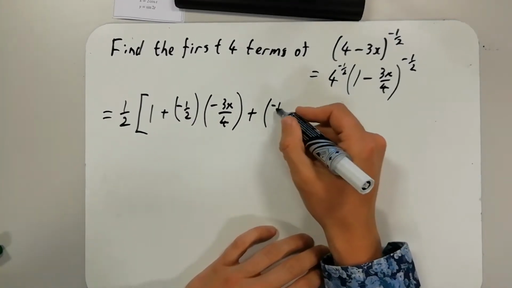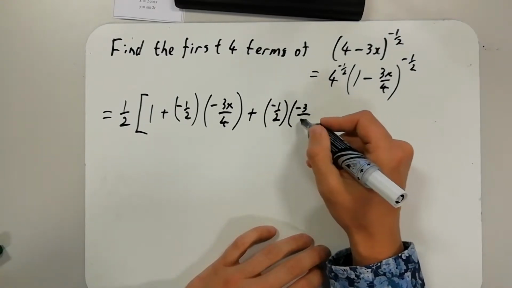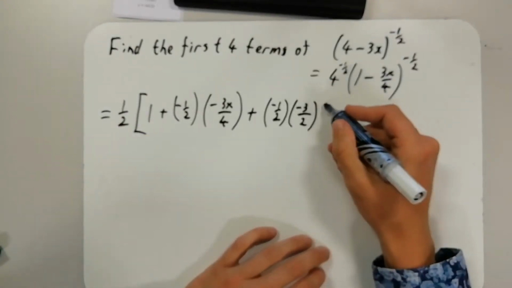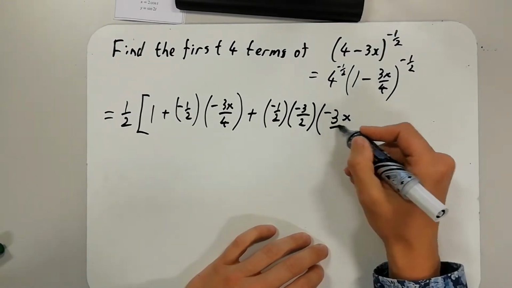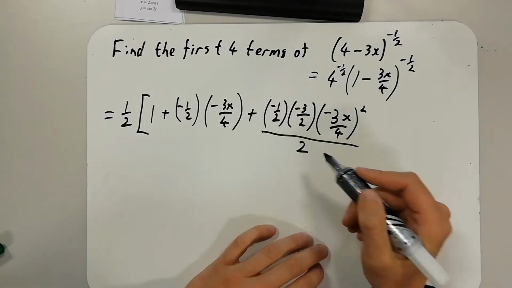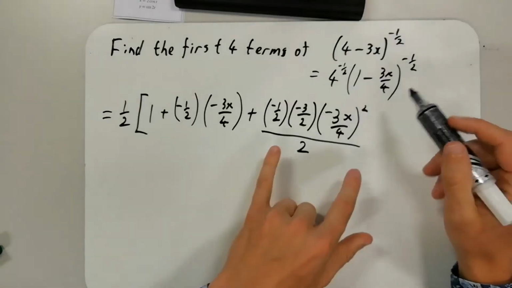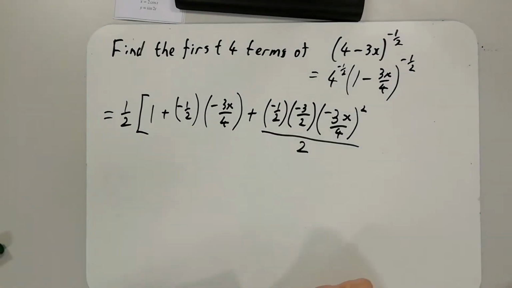So just like last year, we have the power times the power minus 1 times our x term squared over 2 factorial. If you can't remember where this process comes from, check back to last year.